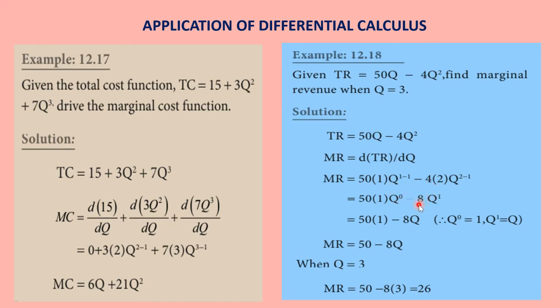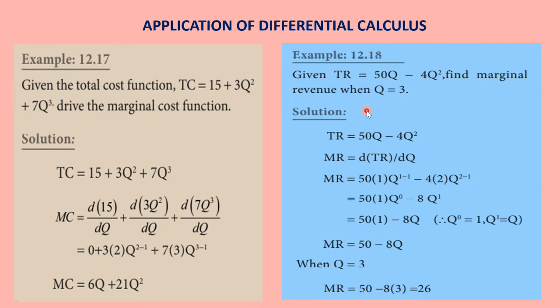Minus 4 twos are 8, q square minus 1 is q power of 1. We already know that any non-zero real number to the power of 0 is 1. So this simply becomes 1. So 50 into 1 will be 50 minus 8q. I'm repeating again, q power 1 can be written as q. So MR is equal to 50 minus 8q.